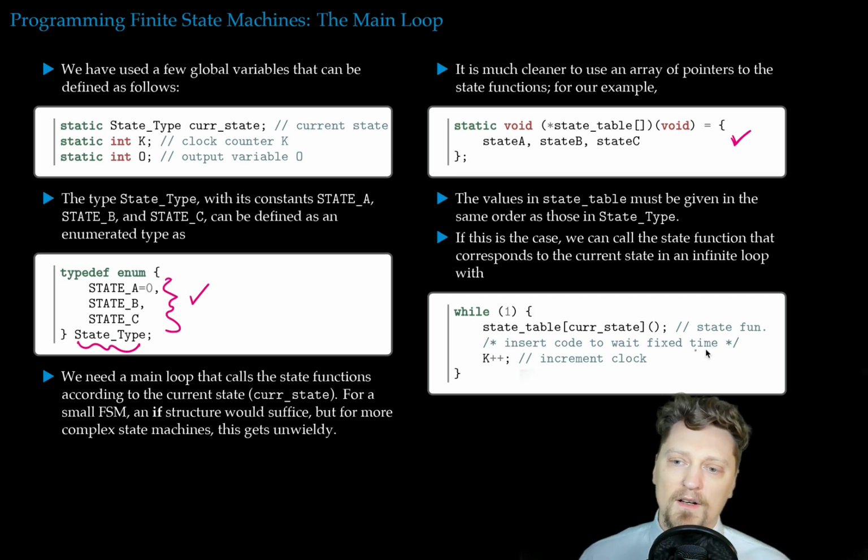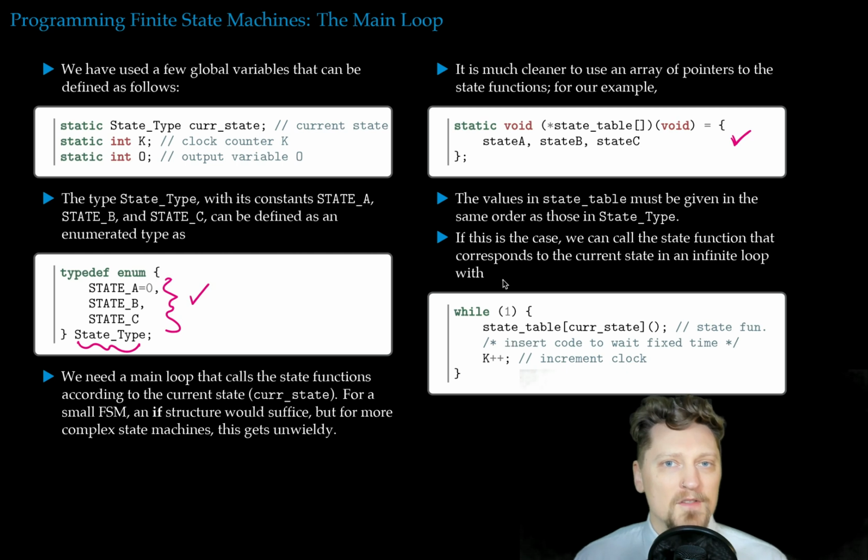Then we're going to insert code to wait a fixed amount of time. The timing is something that we'll come back to and discuss more in the next section. But essentially, we can make our clock work by waiting some amount of time and then incrementing the clock count and repeating this, so that we call a new state function approximately every so often in a periodic way.